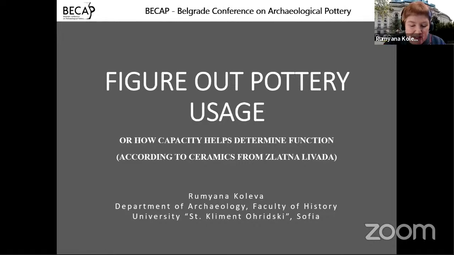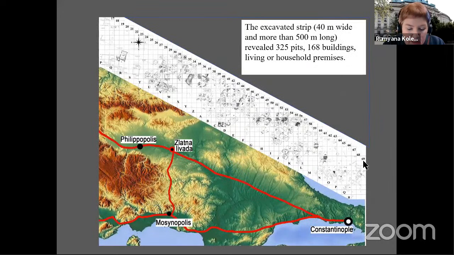The settlement near Zlatna Livada has been studied within the scope of a rescue excavation in connection with the construction of the Maritsa Highway. A significant part of it lay outside the easement of the highway and remained unstudied. The ceramic material is documented according to the structures in which it was found.